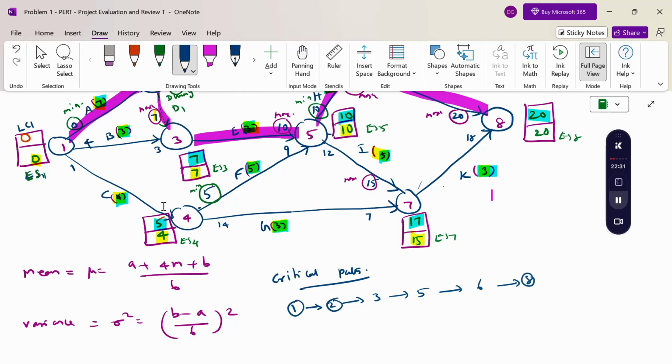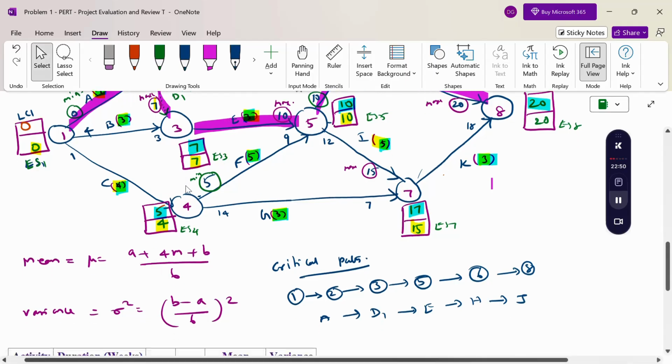In terms of activities: A to dummy 1, then E, H, and then J. So this is our critical path.